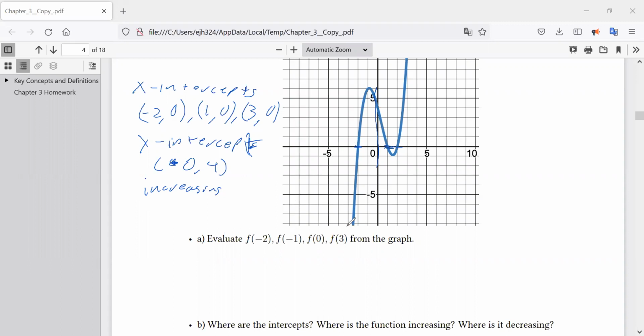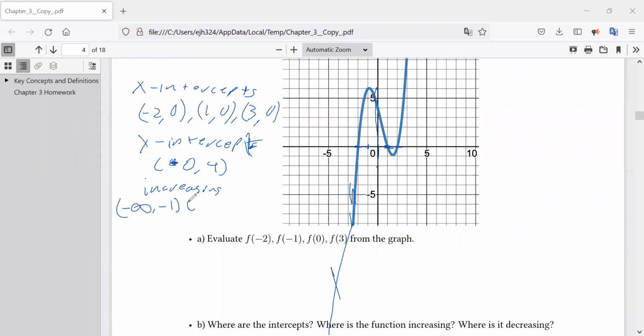Not -2 to -1, although the -1 is right, because at -1 it switches from increasing to decreasing. But over here it's still increasing, and if I keep drawing this down, it would still be increasing. So negative infinity to -1?